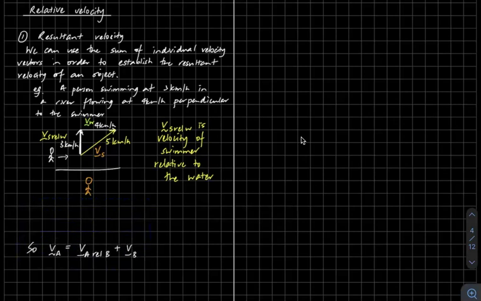So in our example we had that the velocity of the swimmer, the true velocity, was equal to their velocity relative to the water plus the velocity of the water. Like I said, I've called that the resultant velocity because really it's just the sum of the two velocities, but it's using that language of relative velocity.